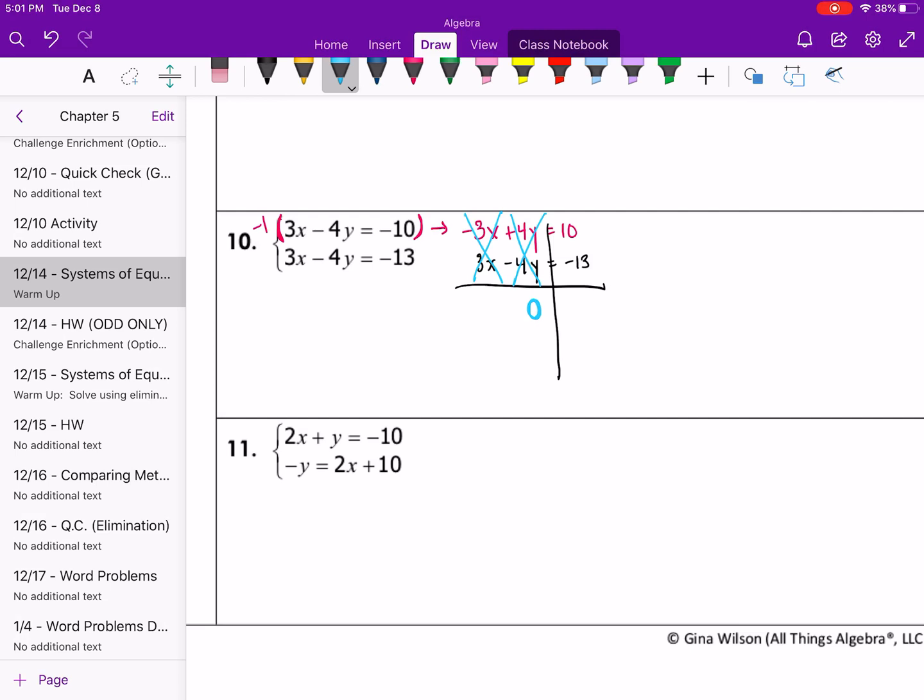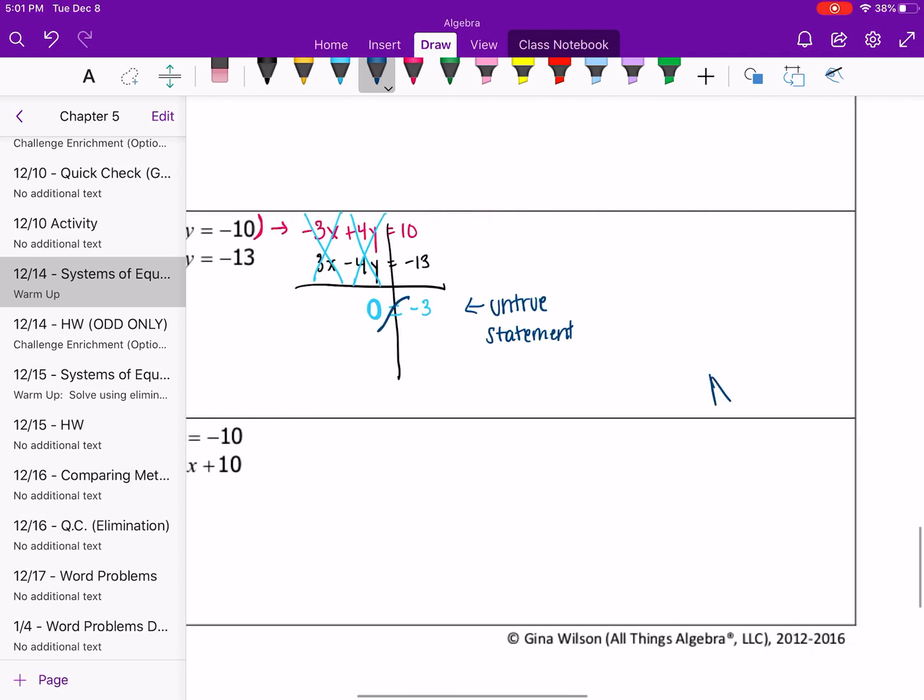On the right side, 10 minus 13 is negative 3. 0 equals negative 3. This is an untrue statement. Whenever you end up with an untrue statement, you can say there is no solution, or you can write that symbol.